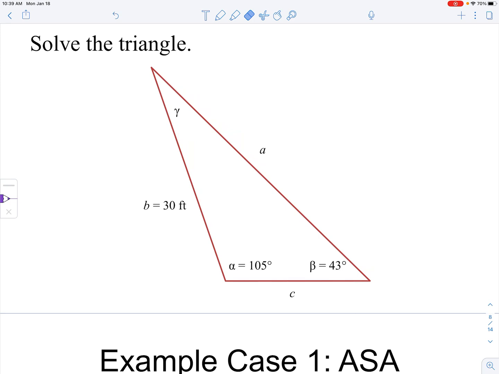Now, when you are solving for these unknown sides and angles, you need to represent them exactly before you write your approximation. And you also need to use exact values when you are solving for another unknown.